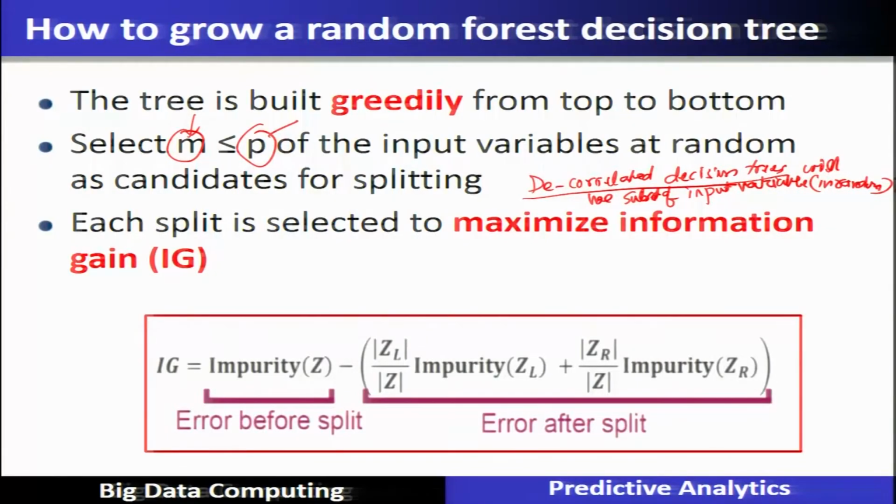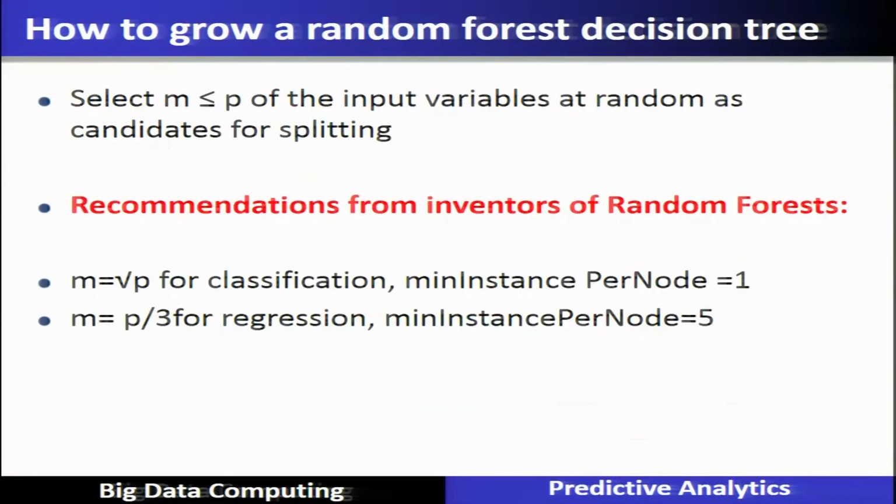Now, each split is selected to maximize the information gain. Information gain, as we know, depends upon the impurity of Z, that is the errors before the split and then the errors after the split, which is shown by this particular equation.